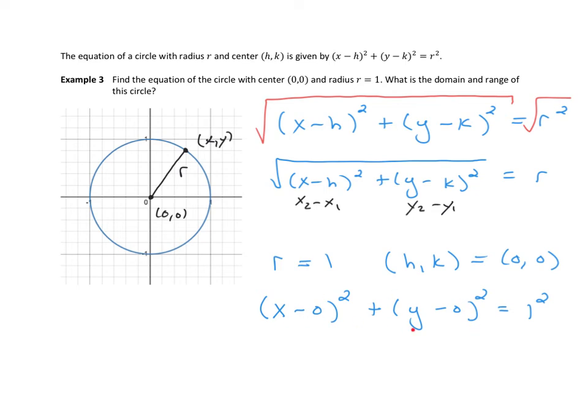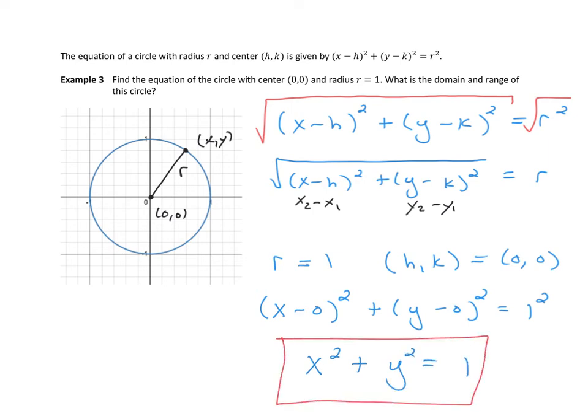Here we're just squaring x, and here we're squaring y. 1 squared is also equal to 1, so this thing really reduces nicely to x squared plus y squared is equal to 1. If you go to Desmos and enter in this equation, it'll give you this circle. And what this equation is saying is you're finding the distance between 0, 0 and x, y, so r is always equal to 1, and these are all the points that make that true.